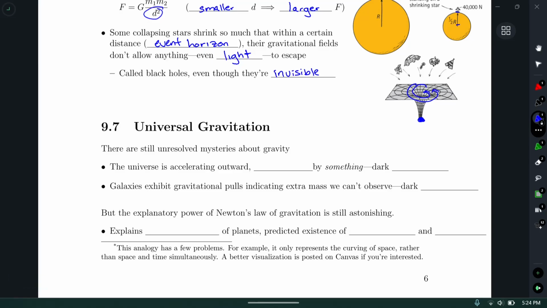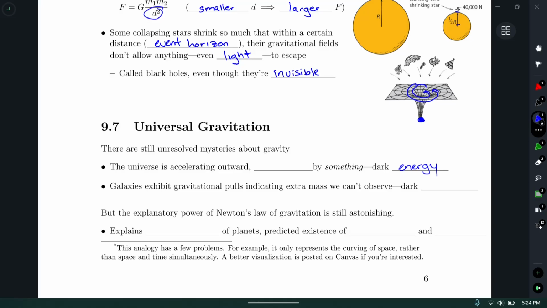Newton's laws. They are approximations, but they're very good approximations that led to some very important discoveries. So there are things that Newton's laws can't fully describe, including black holes and things like what is called dark energy. That is the idea that from more recent astronomical observations, the universe isn't actually static.